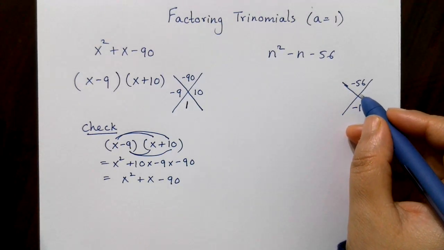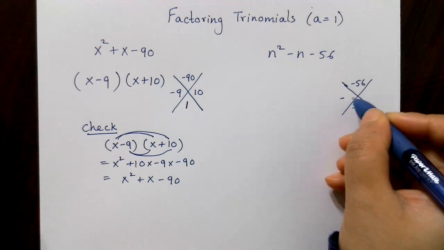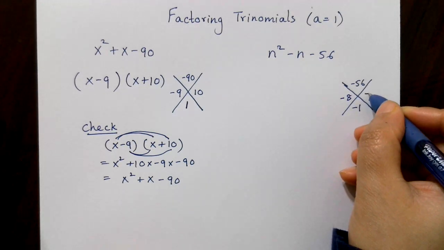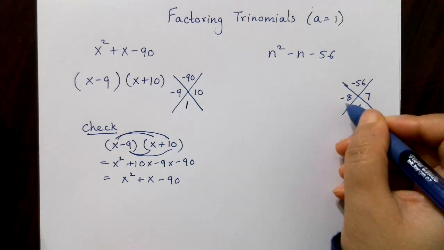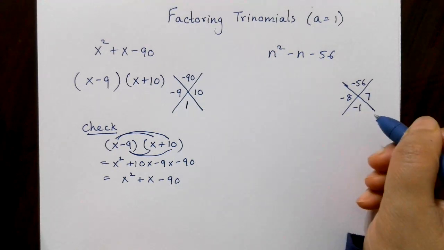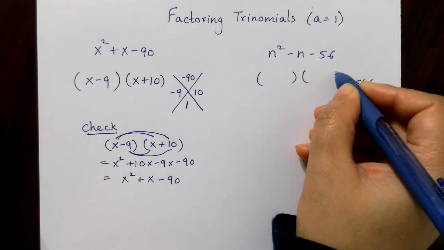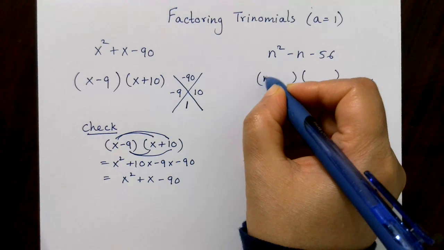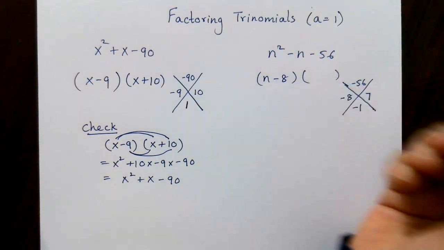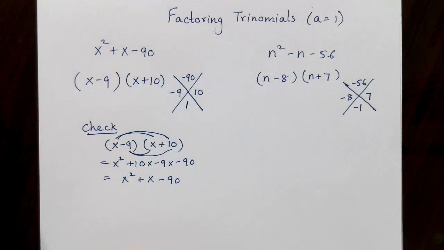We know the factors of negative 56 are negative 8 and 7. Negative 8 times 7 is negative 56. Negative 8 plus 7 is negative 1. So your factors are n minus 8 and n plus 7.